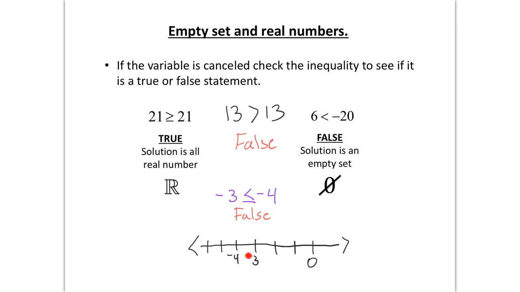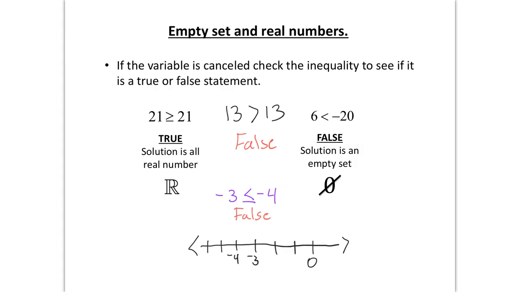So this number is on the right side of -4, so -3 is greater than -4. So this is false because we're saying that -3 is less than or equal to -4. It's not less than, it's not equal to, so it's false. So be sure to check what the inequality means when you are reading the statements, okay?